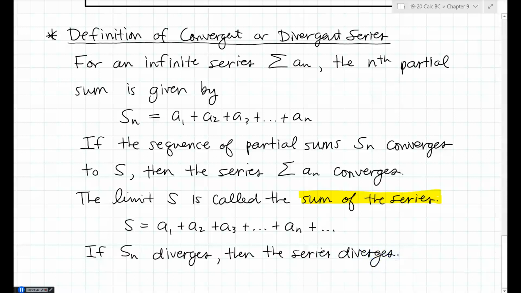So now you can see why I went through and did s sub 1, s sub 2, s sub 3, right? To figure out the nth partial sum. Because if I can get s sub n and figure out an equation for it and then take its limit, if that converges, then the series converges. If it diverges, the series diverges.